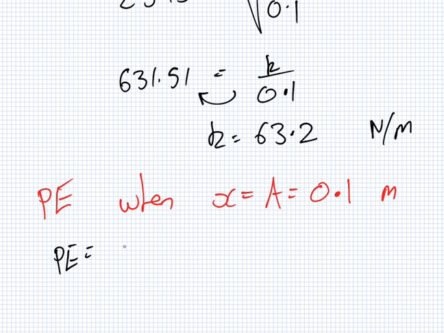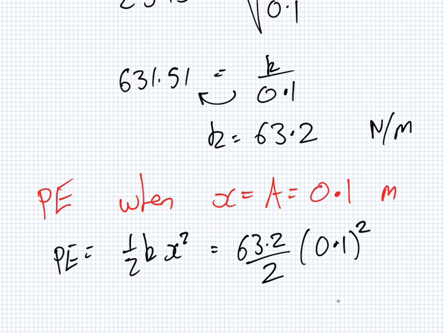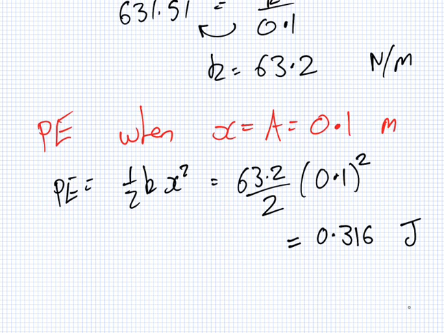Potential energy is a half K x squared, or delta x squared. So that is 63.2 divided by 2 times 0.1 squared. What do you get? 0.316 joules. Or if you prefer, 316 millijoules.